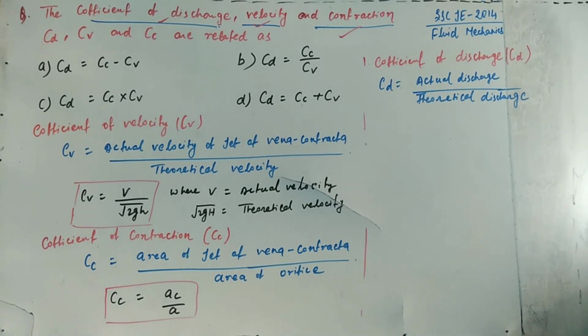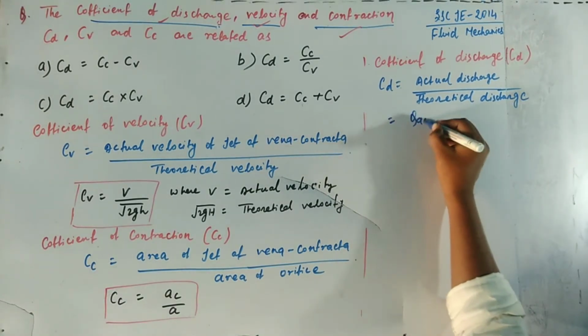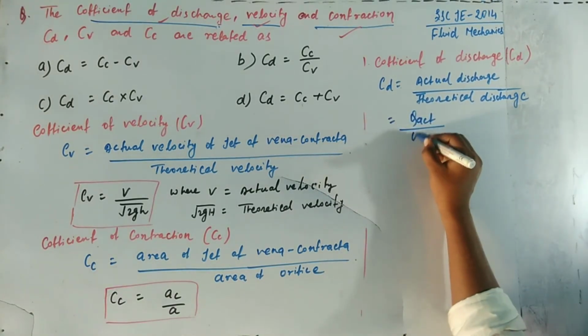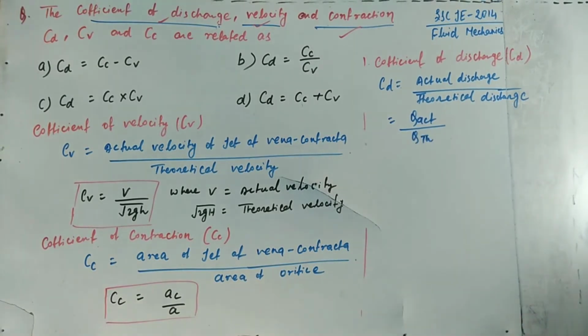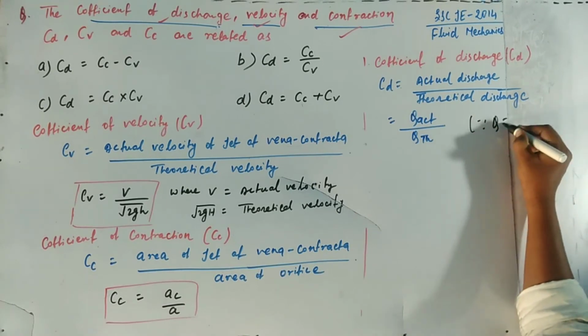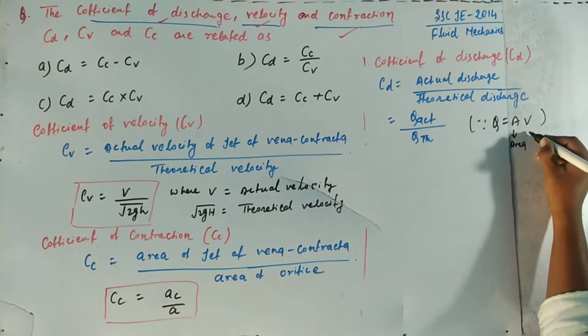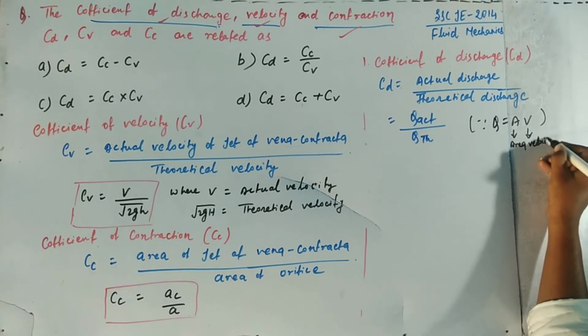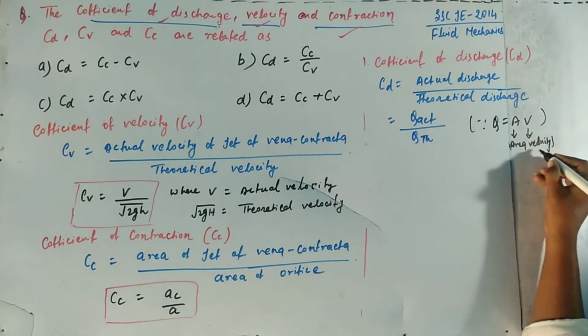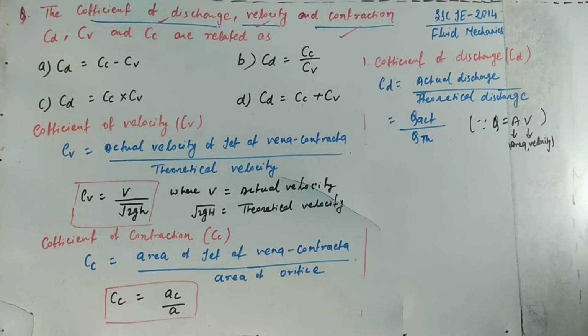That is, CD equals Q actual by Q theoretical. Discharge is equal to area into velocity, that is Q equals A into V, where A is the area of cross section and V is the velocity of flow or velocity of fluid.